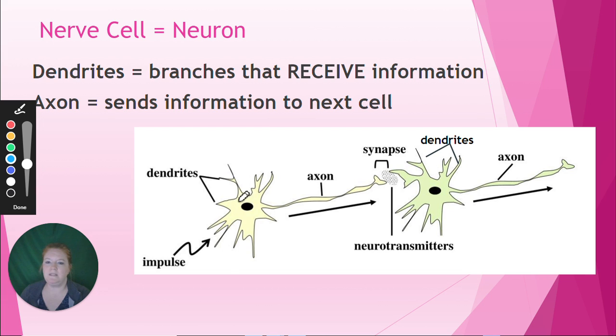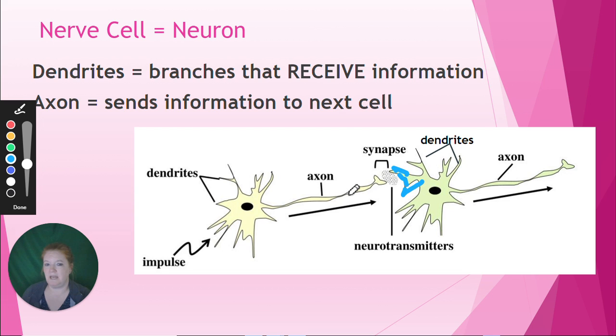Once these dendrites pick up the signal and it goes in the cell body, it's going to begin traveling down the axon, so in this direction. And it's going to travel all the way down the axon until it gets to the end of the axon. And then there's a little itty bitty space between this neuron and the next neuron. So here are the dendrites of the next neuron.